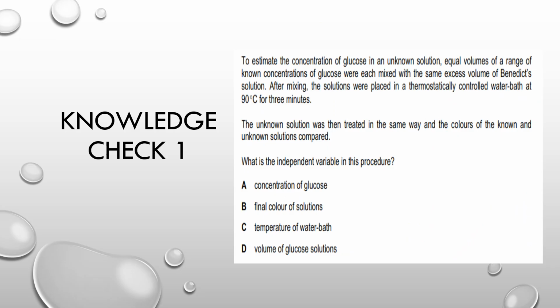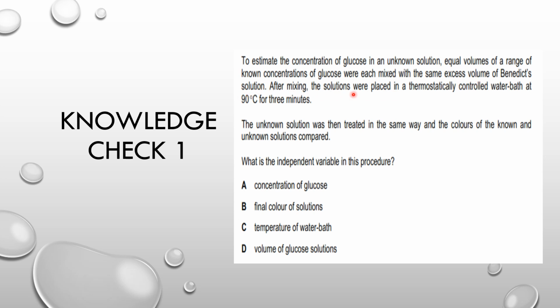All right, now knowledge check, guys. To estimate the concentration of glucose in an unknown solution, equal volumes of a range of known concentrations of glucose were each mixed with the same excess volume of Benedict solution.